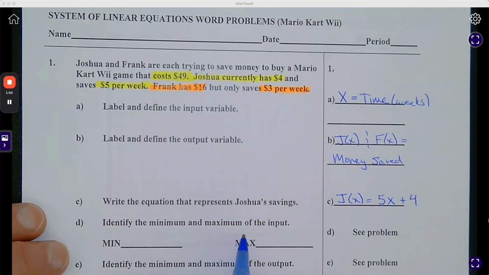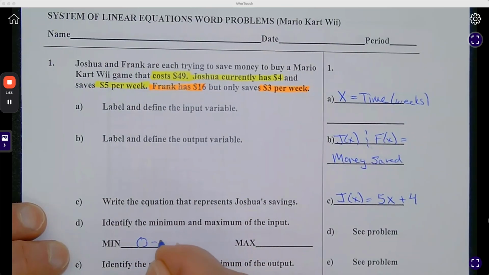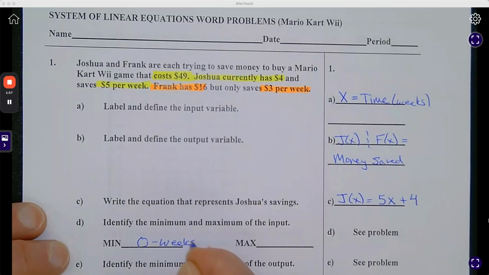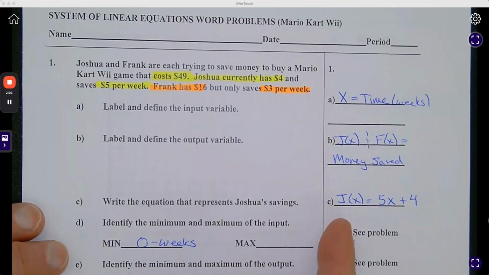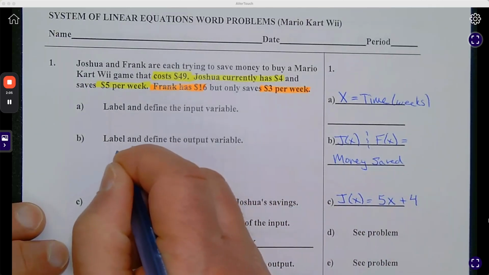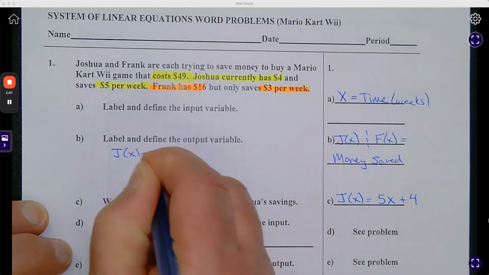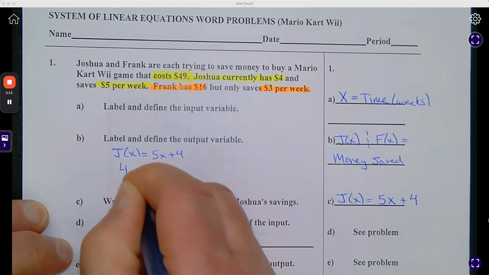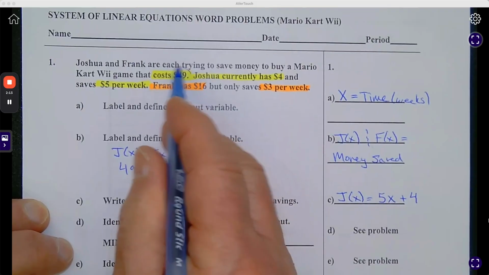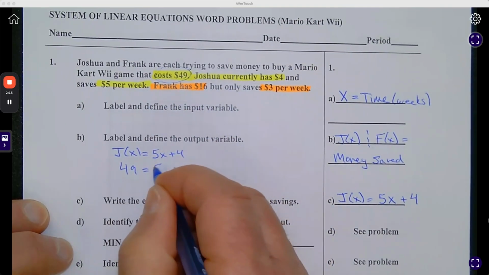The minimum and maximum input values. The minimum input value is 0 weeks. The maximum is how long it takes Joshua to save $49. So we want to know how many weeks will it take for the output to be 49, because that's the total needed to buy the game.